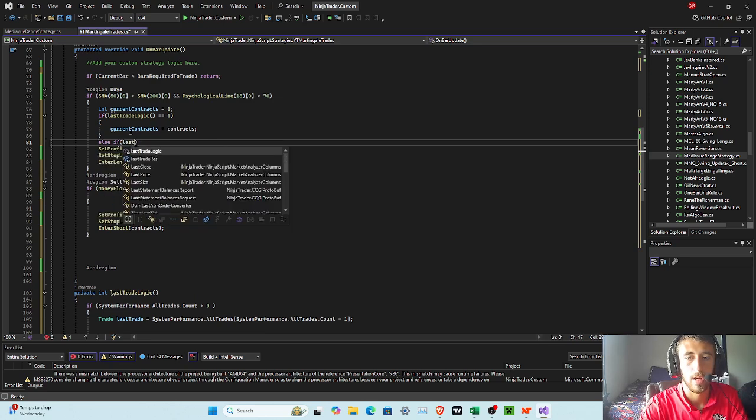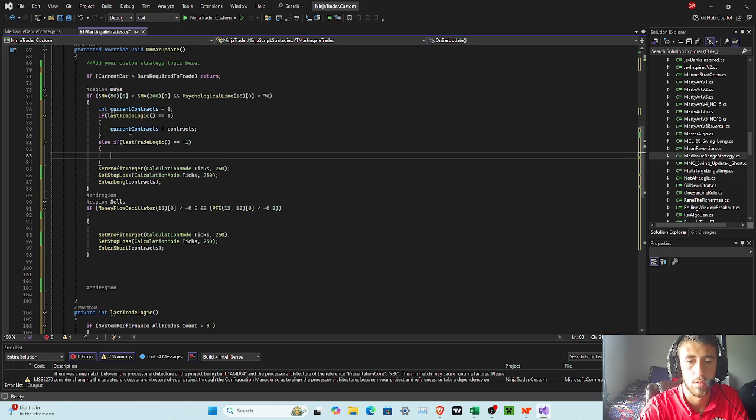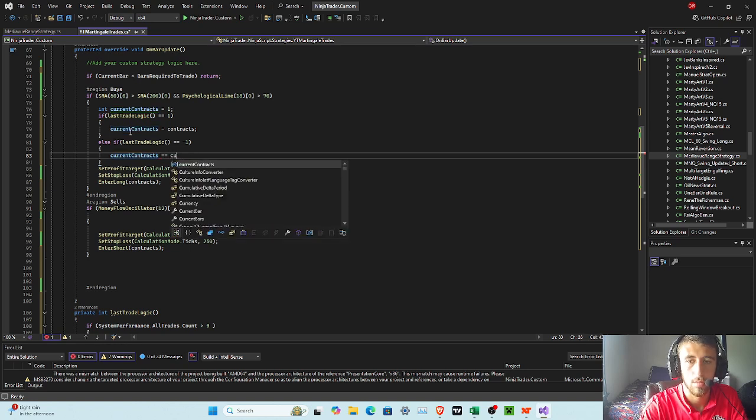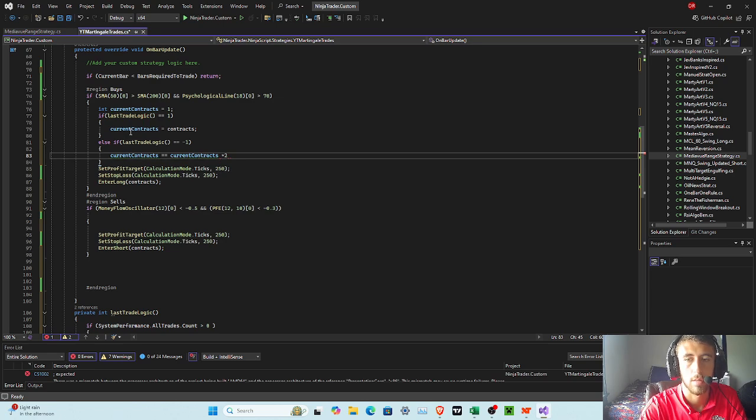Else, if last trade logic returns -1, then we want current contracts equals current contracts times 2.